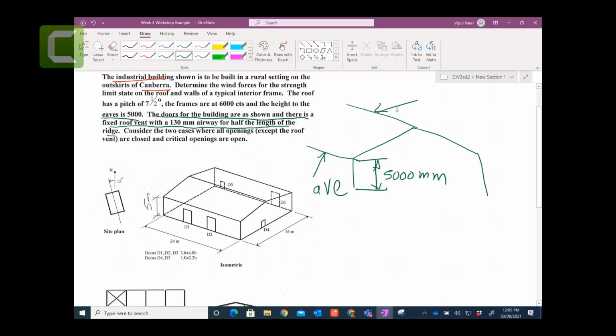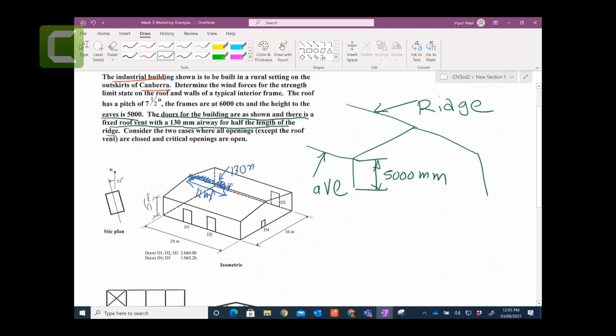By the way, this is the ridge: the top part of the roof is the ridge. So at halfway, about 12 meters from either side, there is this opening. It is just the roof vent, a 130 millimeter opening on the roof, halfway along.